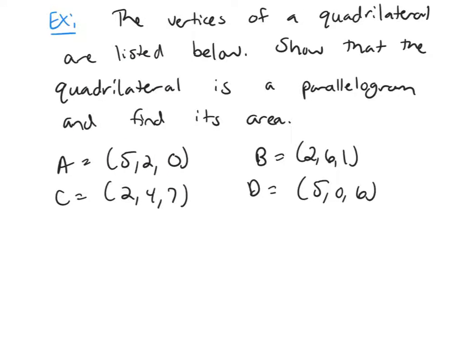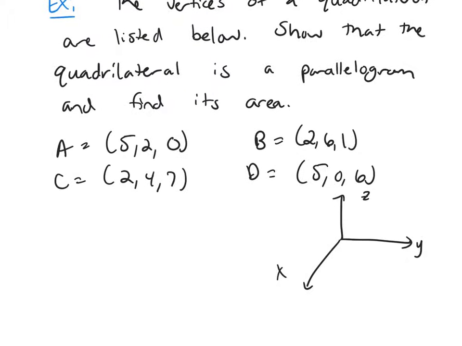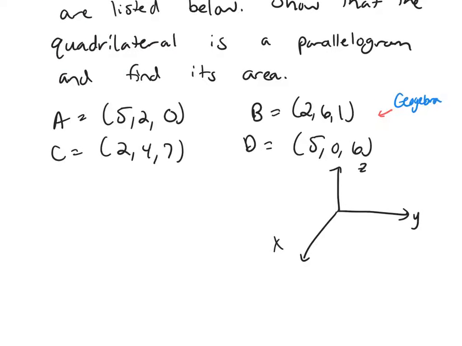So I'm going to try to draw a rough sketch of what this quadrilateral looks like. Please keep in mind that I'm doing the best I can. I don't draw very good three-dimensional pictures, but you could plot these points in a graphing program. I use a program called GeoGebra, which is really nice and helpful, and it'll help you see this quadrilateral.